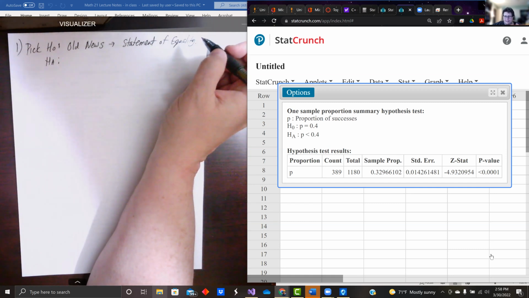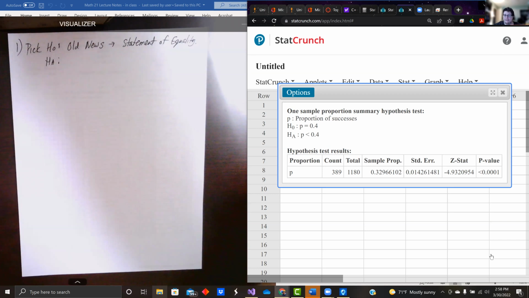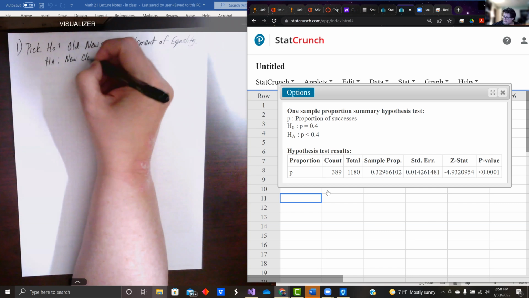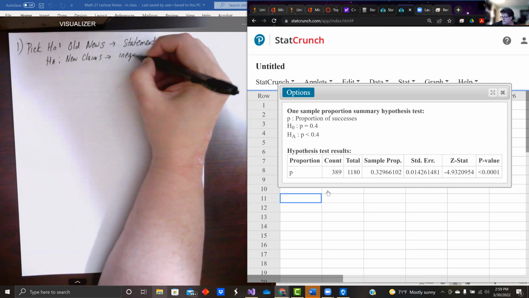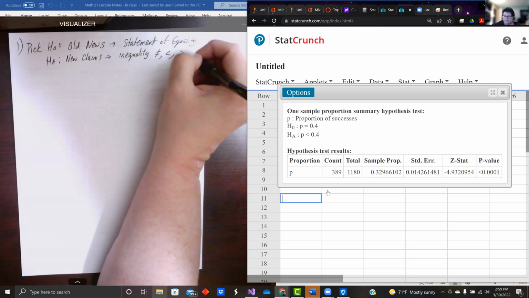We wouldn't just go with less than 40%. They would try to pick a proportion that's right. They would probably say it's around 33%, 0.33. The old news, and then HA is the new claim, and it's an inequality, which means not equal to, less than, or greater than.